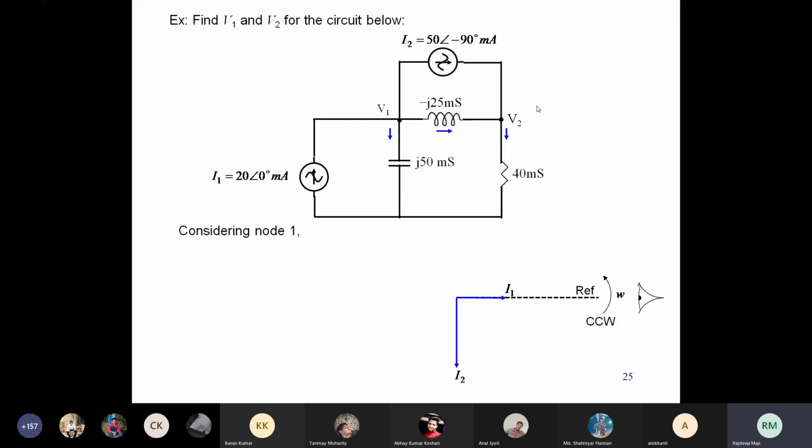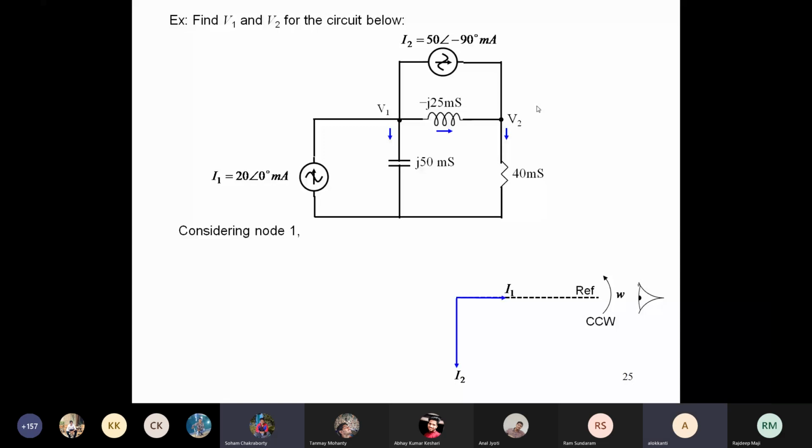Sir, is V1 1.26 angle minus 114.36 degree? No. Sir, V2 is 8 angle 51.34 degree.